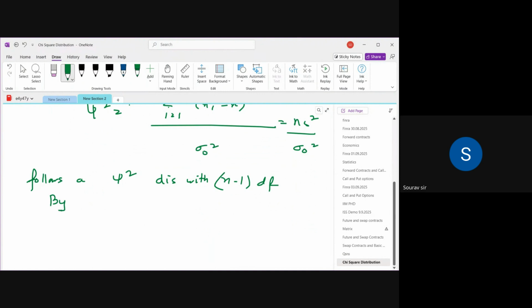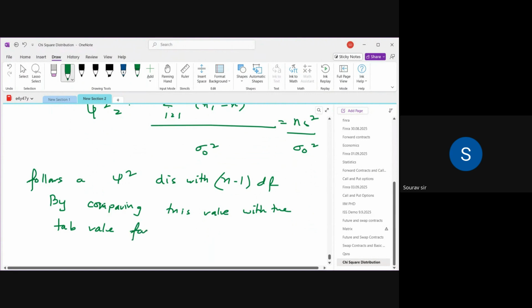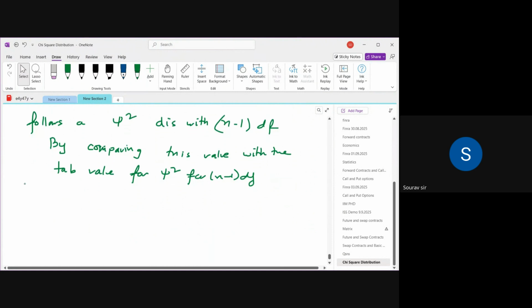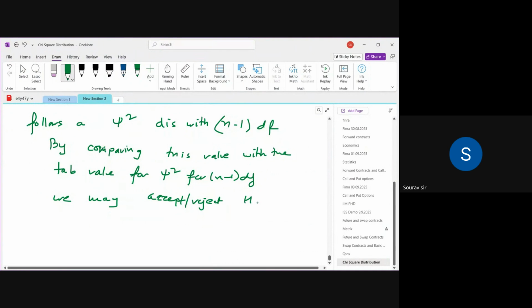And by comparing this value with the tabulated value for n minus 1 degrees of freedom, at a certain level of significance, we may accept or reject.